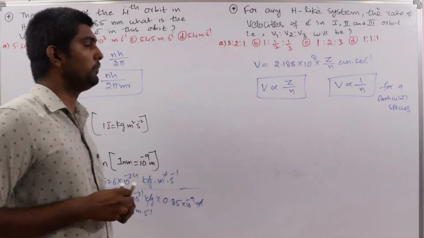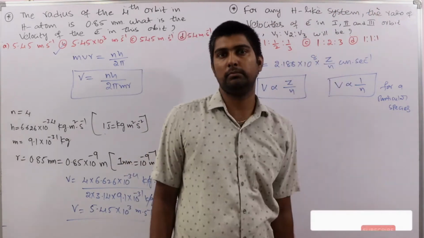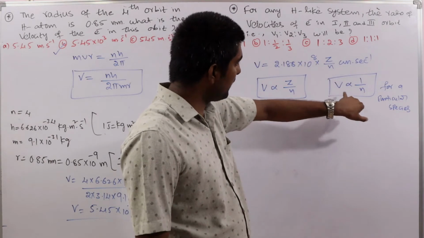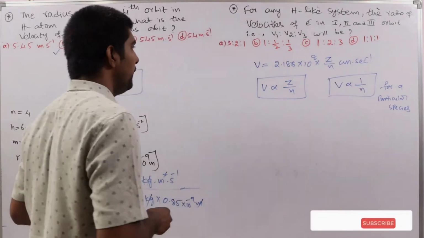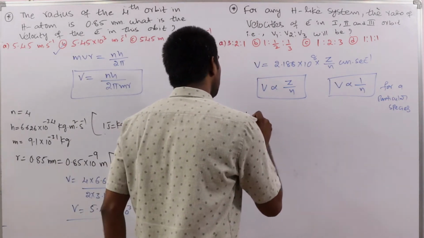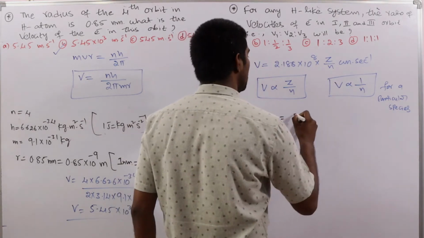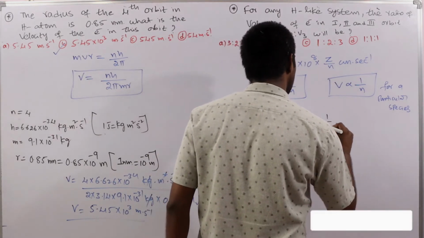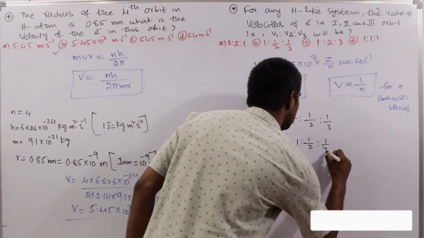They ask you to find it for a particular species only, a hydrogen-like system, so Z is also fixed. So finally we have v is proportional to 1 by n. Therefore v1 : v2 : v3 is equal to 1 by 1 : 1 by 2 : 1 by 3, that we can simply write as 1 : 1 by 2 : 1 by 3.